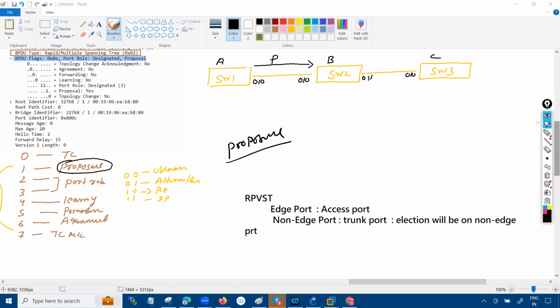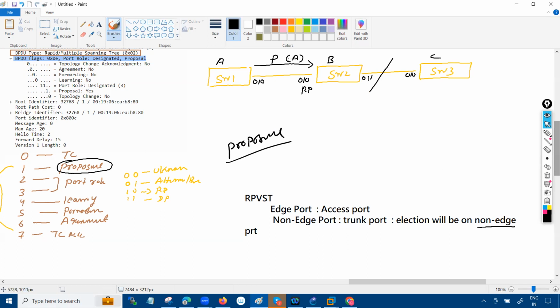In the proposal BPDU we have the MAC address, or the bridge ID, of switch A. When switch 2 receives it and sees that A has a lower MAC address, or a lower bridge ID, switch B will put this port into the root port, and all the non-edge ports, I'm repeating, will go into the blocking state, or we can call it the discarding state, just to avoid the loop. So in the RPVST protocol, what happens?